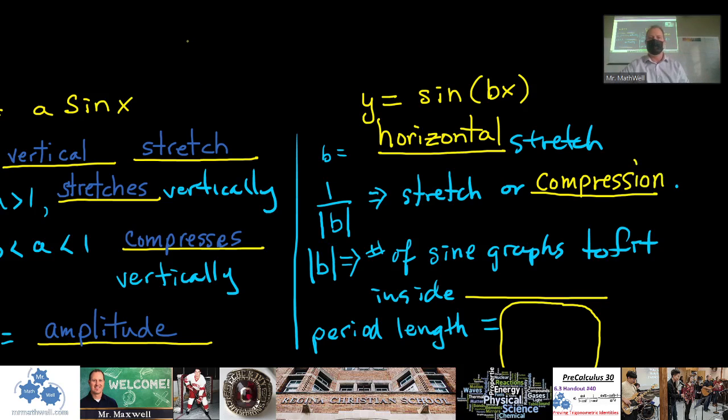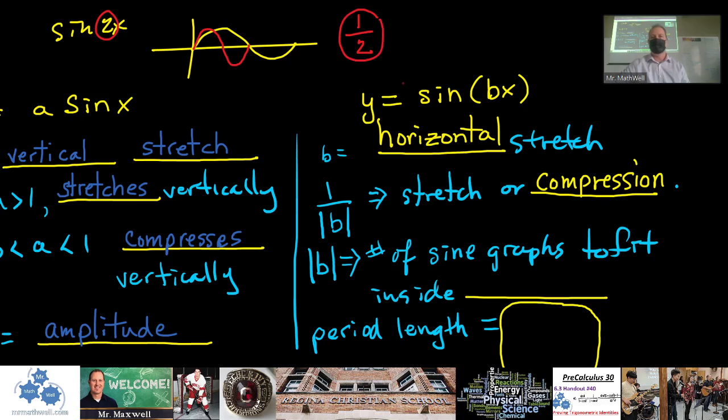What I mean by that is this. If we have a regular old sine graph like that, sine of 2x looks like this. See, we're compressing it by 1 over 2 because 2 is b. So the factor is 1 over 2. It's half as big now, half as wide.